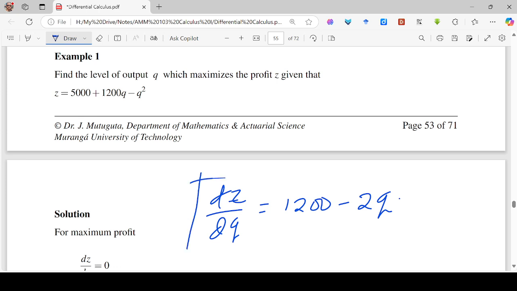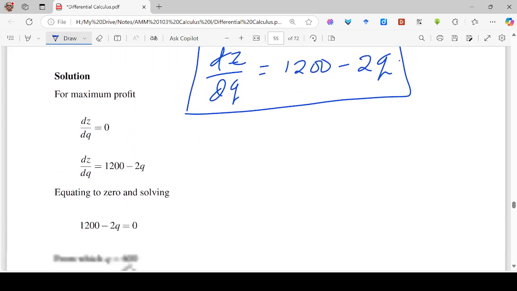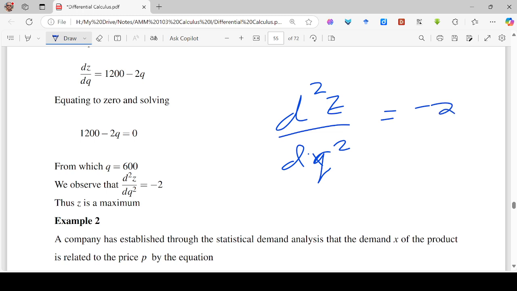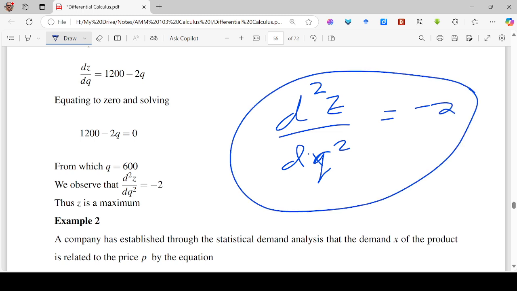To find the point where Z is a maximum, we equate this derivative to 0. And so in this case, Q is 600. If we find the second order derivative, d²Z/dQ², we see this will be -2, which indicates that Z is a maximum.